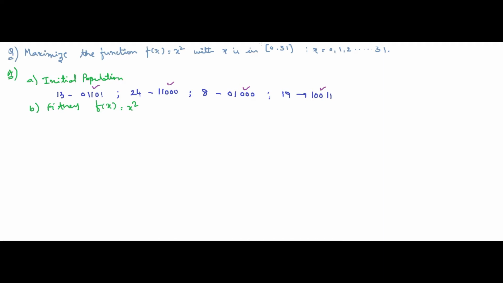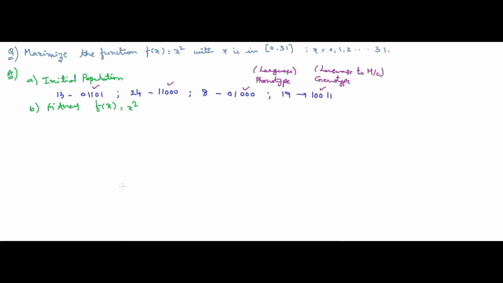There are two things, genotype and phenotype. Genotype means the binary form, and phenotype means the real solution. So this is phenotype, this is genotype. We can say that phenotype is the raw solution in normal language, and genotype is the solution in language understandable to the machine.